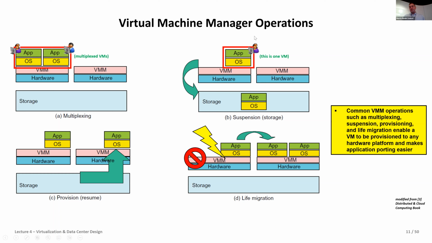This is a very beautiful idea for a data center with many, many users, where some users are idle and not using their machines. Then we can easily dump this installation of the VM just on the storage. Suspension is what it's called. Of course, that means it takes some time to dump it to storage and to resume it, which is the provisioning here, because once it is on storage, it needs to be reactivated, get access to memory, and come back to the hardware infrastructure where it's really executed.